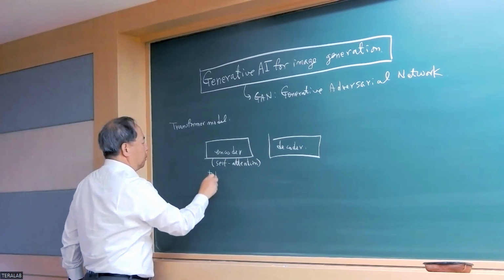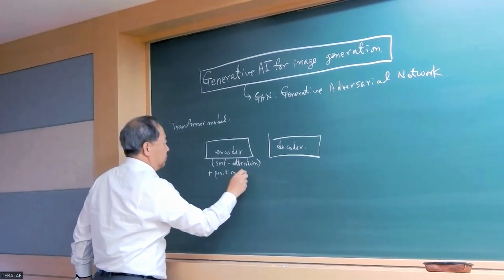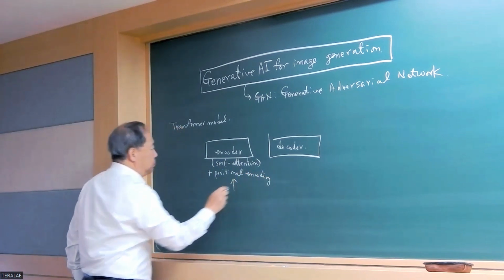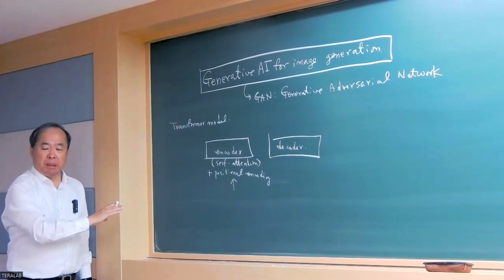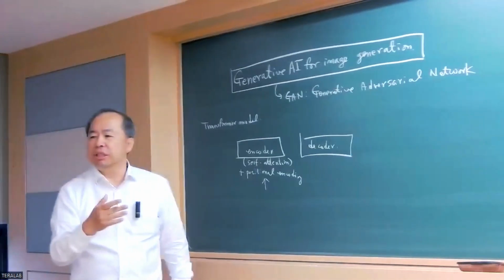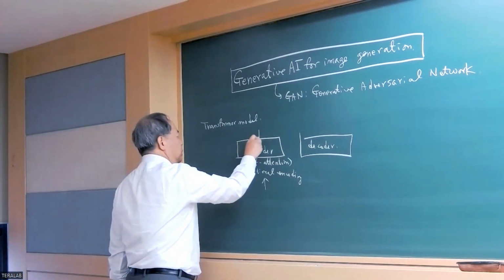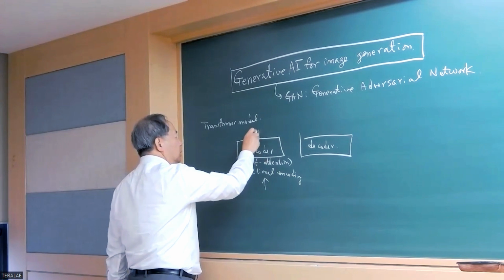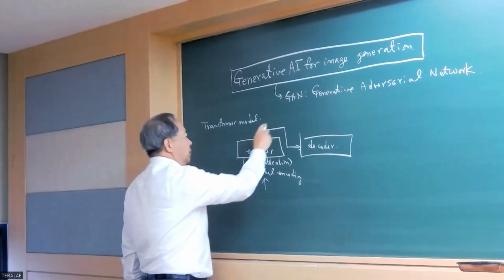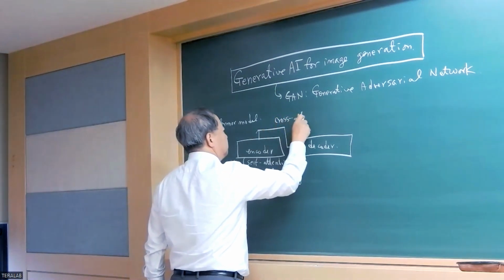And also we have a positional encoding method. Input was in parallel and output was generated sequentially. And the connection between the output of the encoder and the decoder was described by cross-attention.